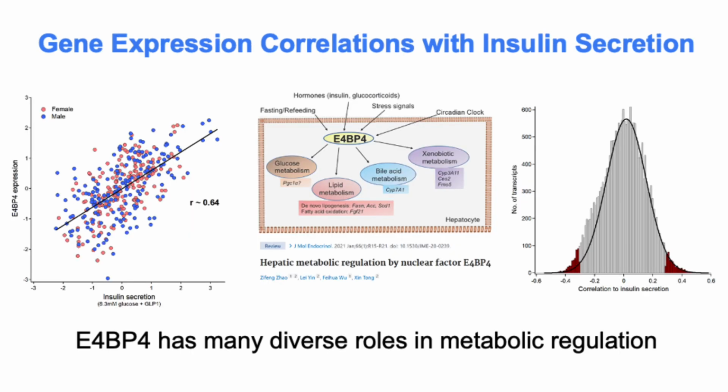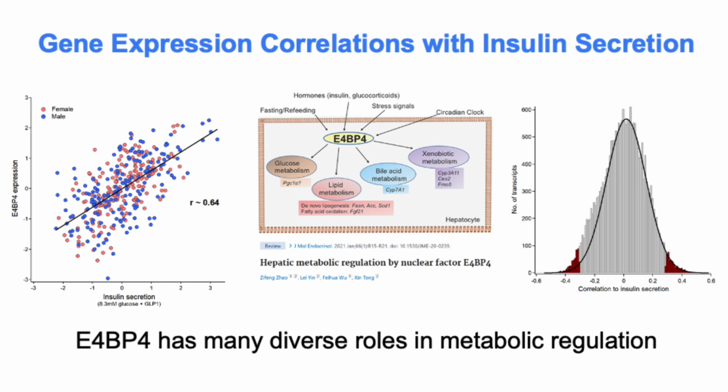And then you can take the RNA-seq data, and you can see how individual genes, based on their expression, correlate with insulin secretion. So now, instead of having differential expression signatures, we have genes that are highly positively or negatively correlated with insulin secretion.